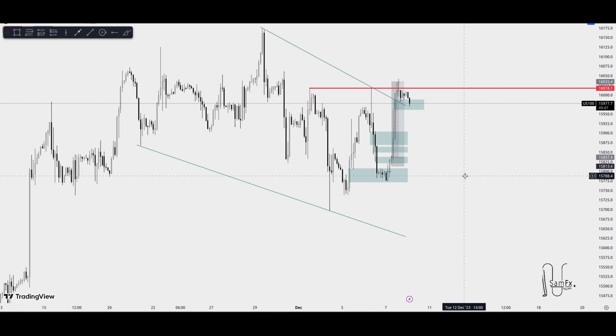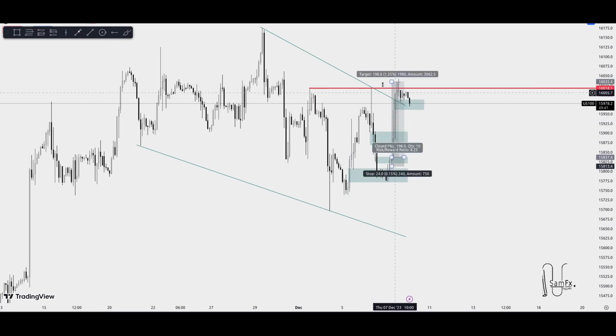Originally I wouldn't have held this long. It's only because price seemed like it had a lot of momentum. So yeah, I think that's the reason why. And also I was kind of feeling a bit lucky, to be honest.